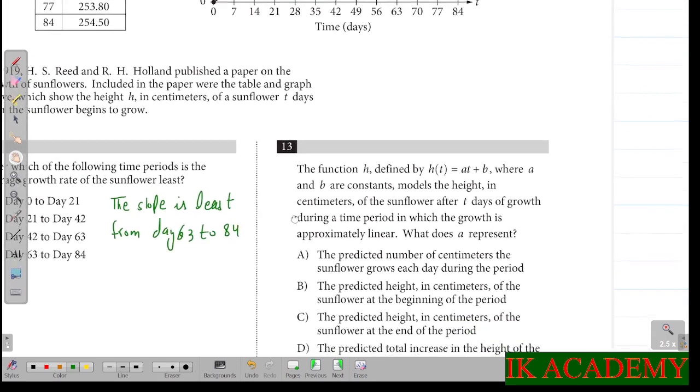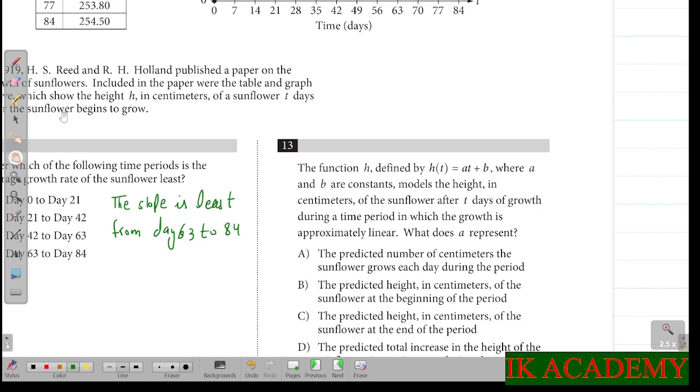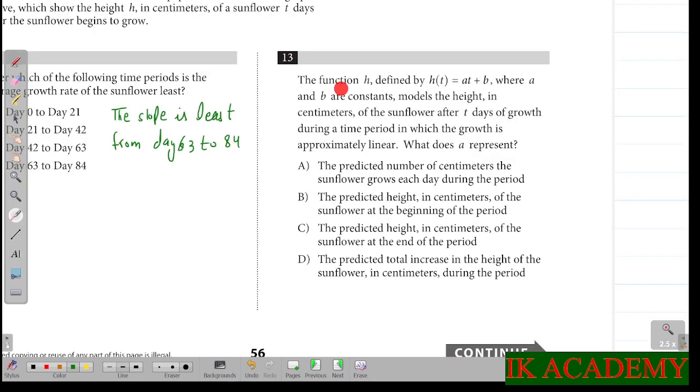Our next question is also related to the given information. The function h defined by h(t) = at + b, where a and b are constants, models the height in centimeters of the sunflower after t days of growth during a time period in which the growth is approximately linear.